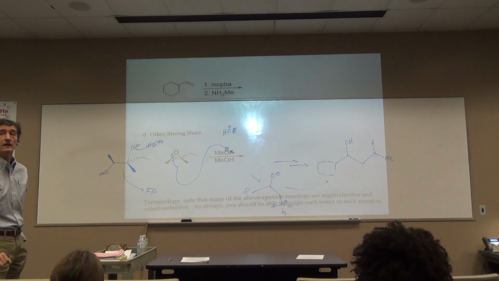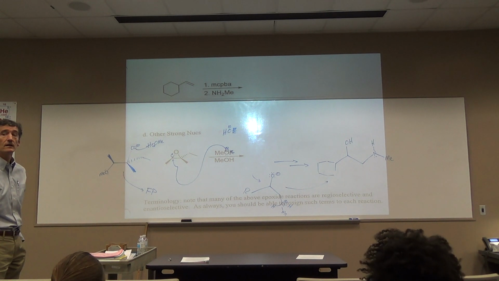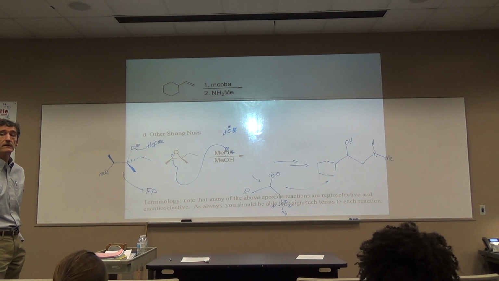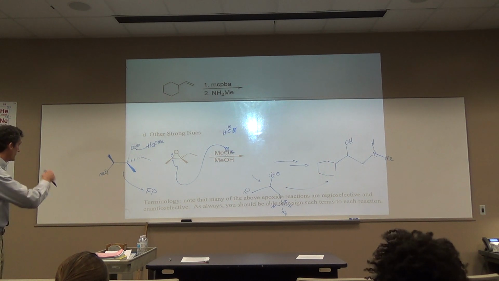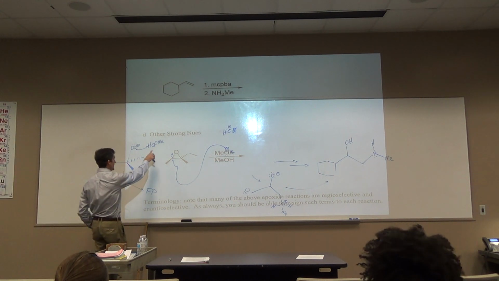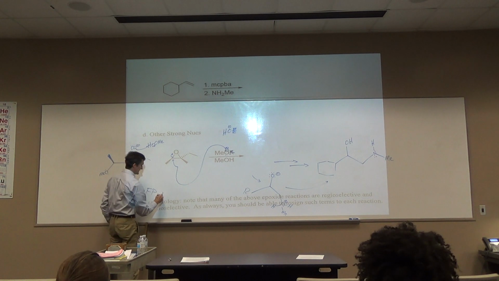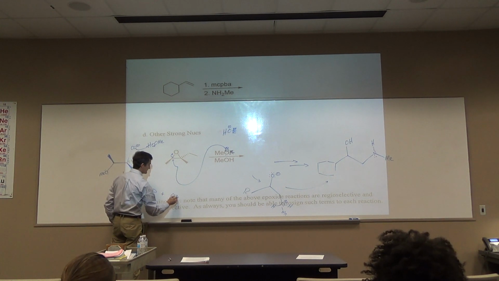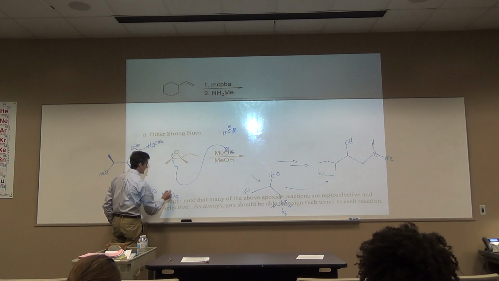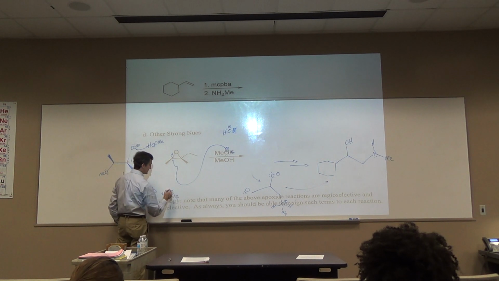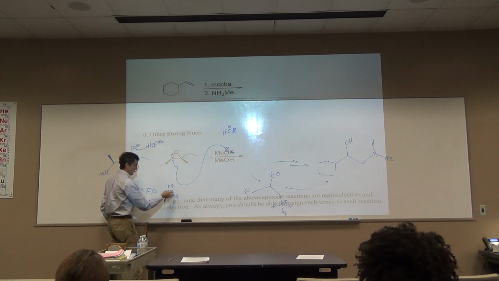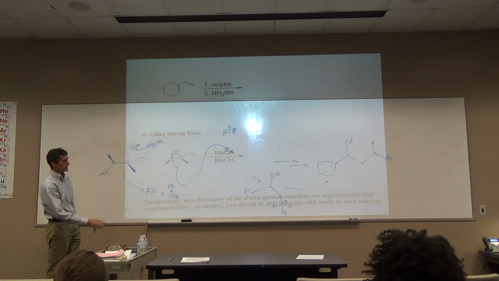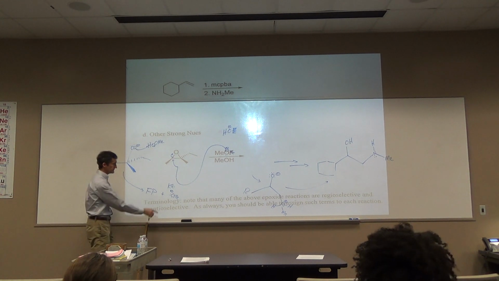Question? Would the potassium methoxide reform at the end, because you take the proton from methanol? Yeah, you would, because right here you're remaking methoxide. Yeah, and you can show the potassium with it. You can show it like that, or you can just show it as MeOK or whatever.